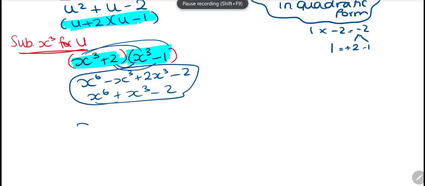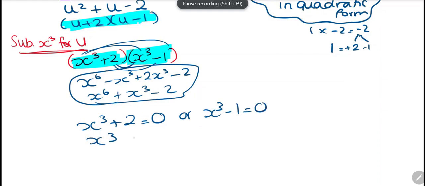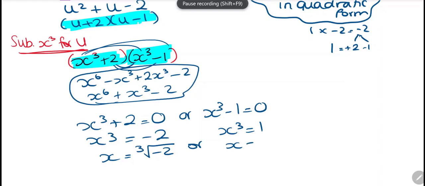So we've got x cubed plus 2 is equal to 0, or x cubed minus 1 is equal to 0. So x cubed is equal to minus 2, so we're going to take the cube root of minus 2. Or we have x cubed is equal to 1, so x is going to be the cube root of 1.